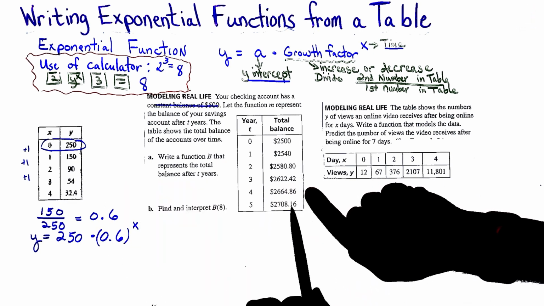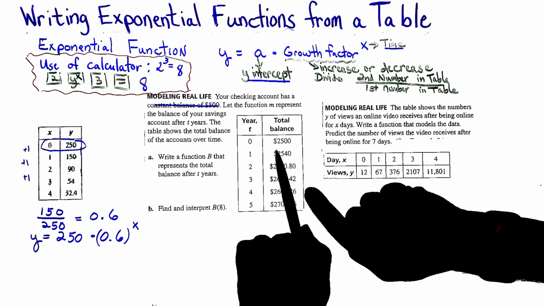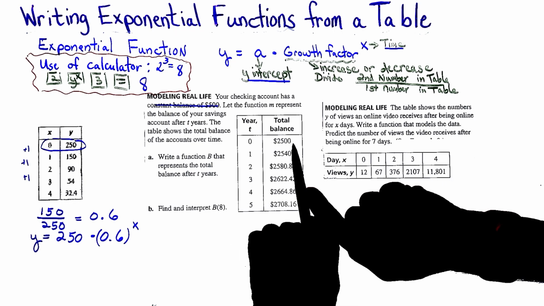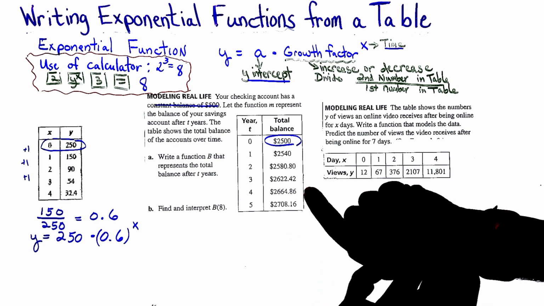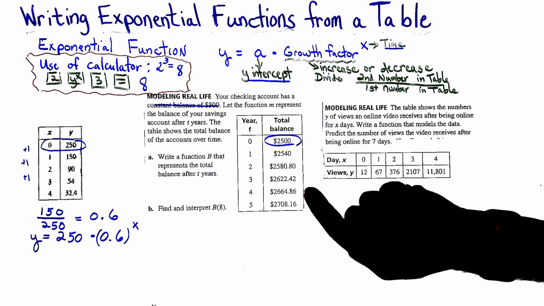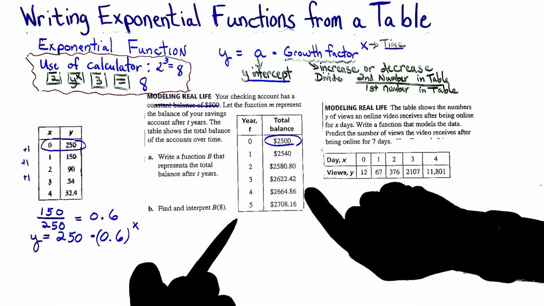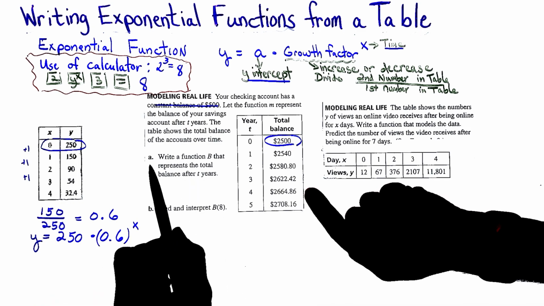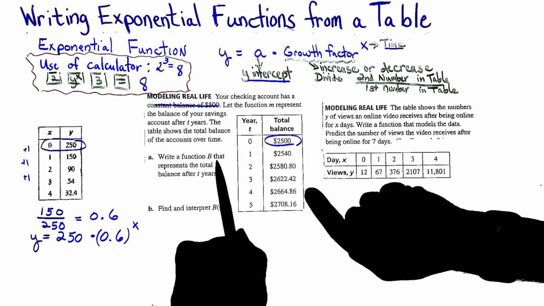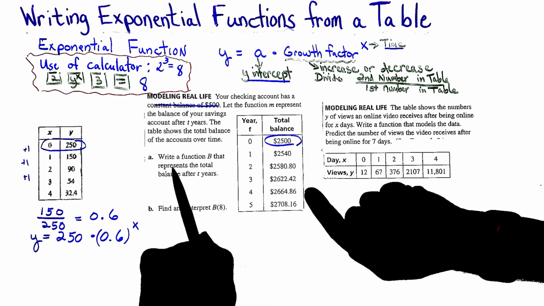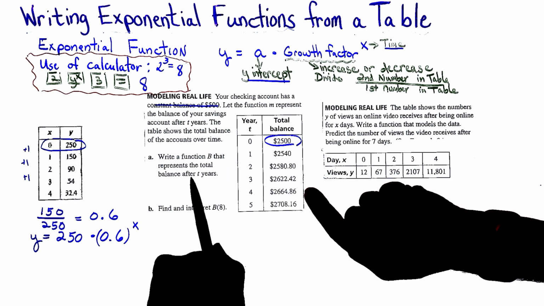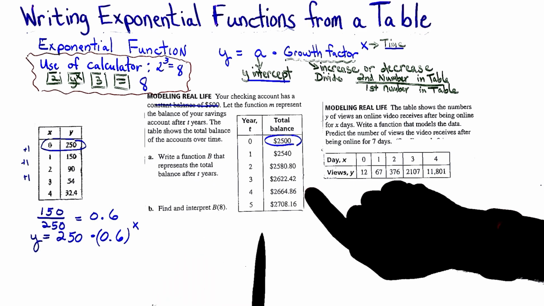This table tells us we're starting off at the very beginning at $2,500. And it says, let the function m represent the balance of your savings after t years. Okay, but down below for letter A, it says, write a function b, capital B, that represents the total balance over t years.